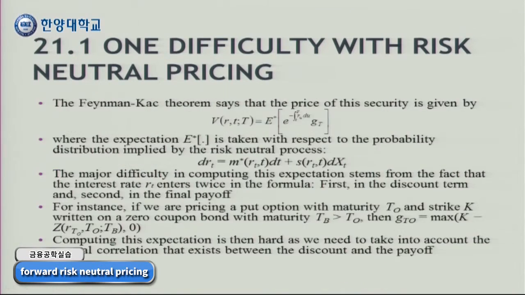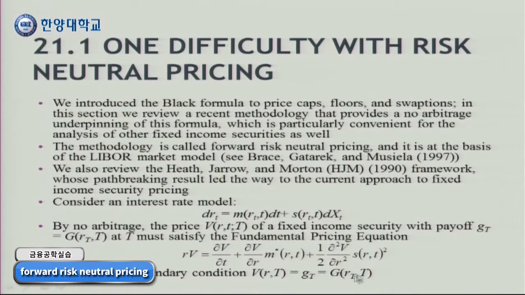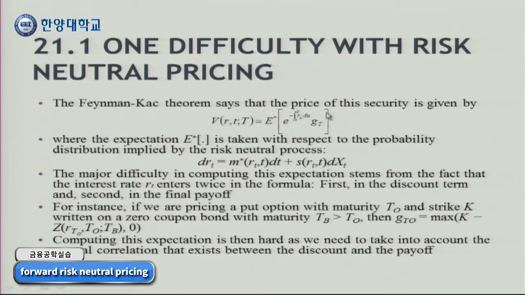Therefore, if current interest rate changes, then we can expect the future interest rate to change, and therefore GT would change. So the stochastic interest rate can affect this one and this one. So this is inconvenient. It means this one and this one are correlated with each other because they are driven by the same interest rate.